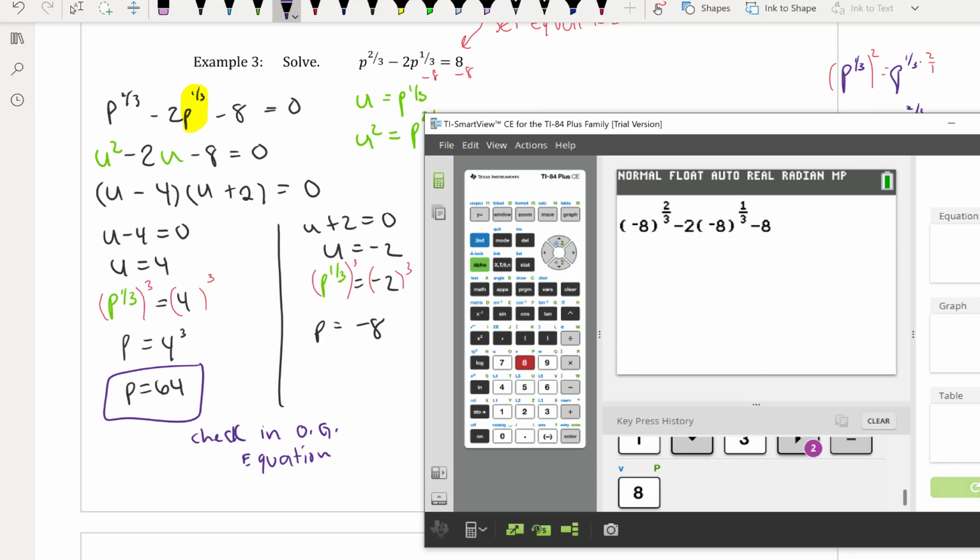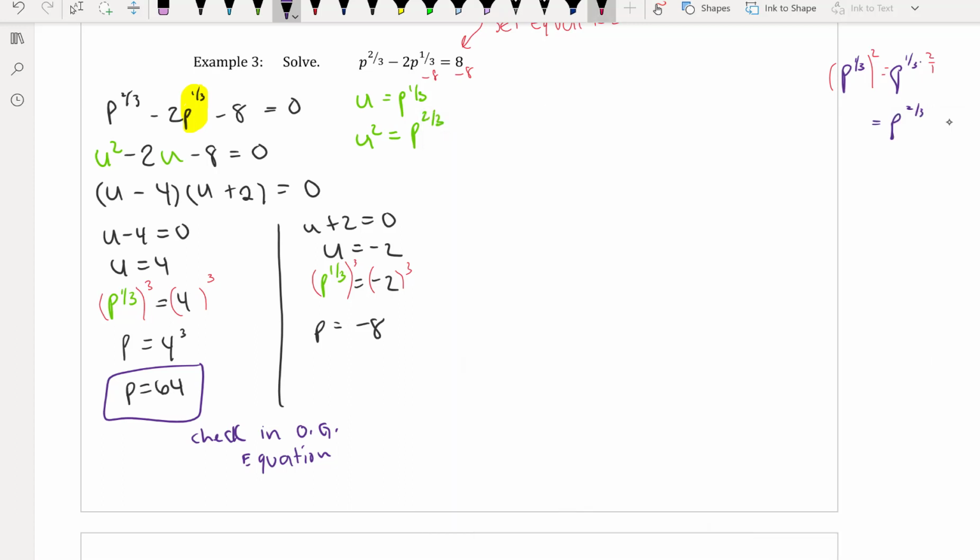Does that equal to 0? It does. Perfect. So both of those answers were good answers. So p is equal to 64 and p is equal to negative 8. Awesome.